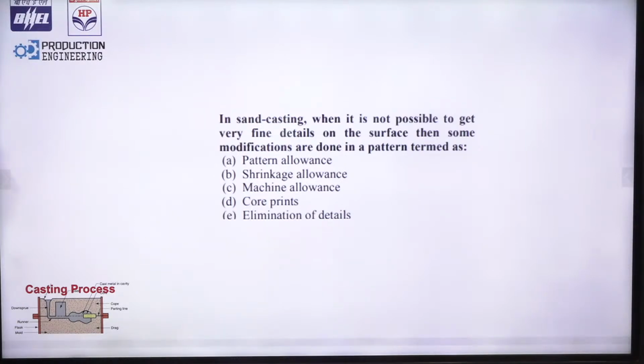In sand casting, when it is not possible to get very fine details on the surface, some modification is done in the pattern, which is called what? See, this is an interesting question actually. The options are pattern allowance, shrinkage allowance, machine allowance, core print.